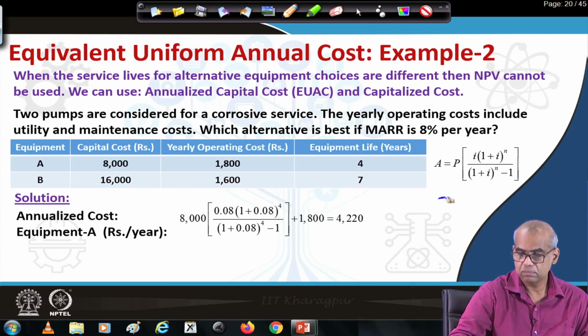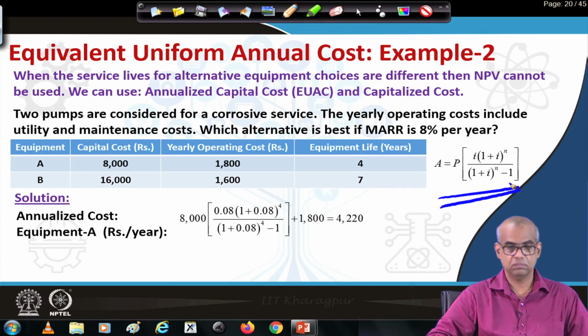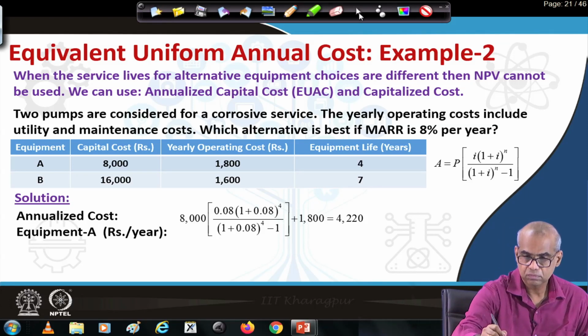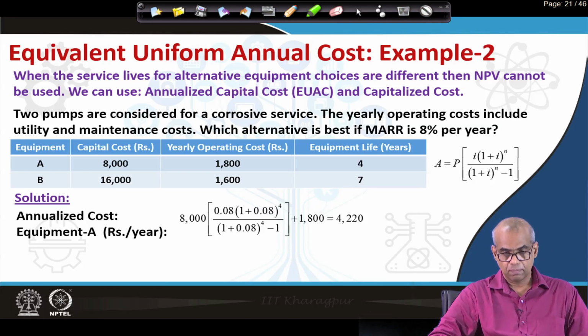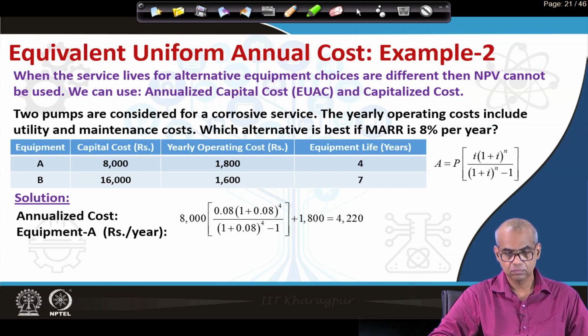You have the formula. So, P equal to 8,000 here, and interest rate i is 8%, so 0.08, and N equal to the number of years, 4.